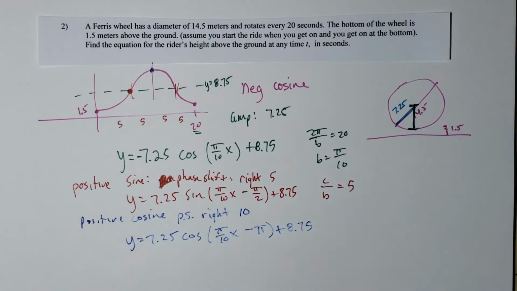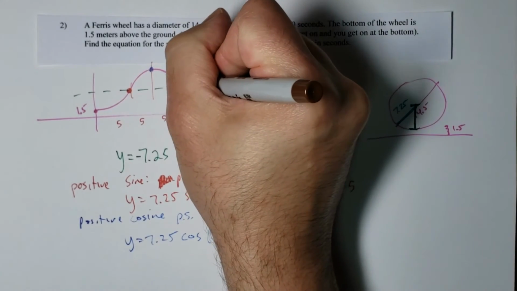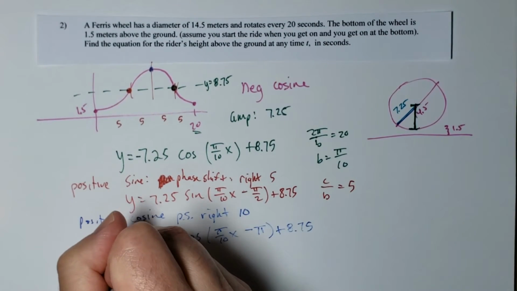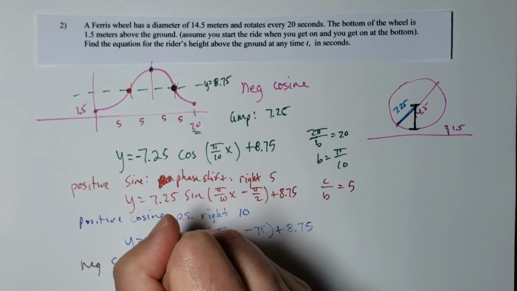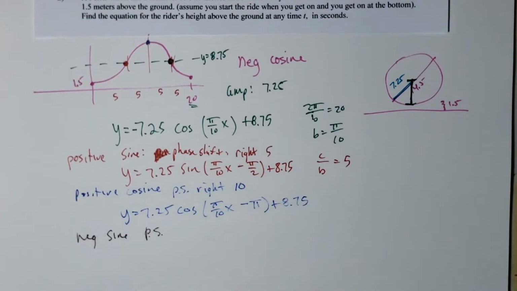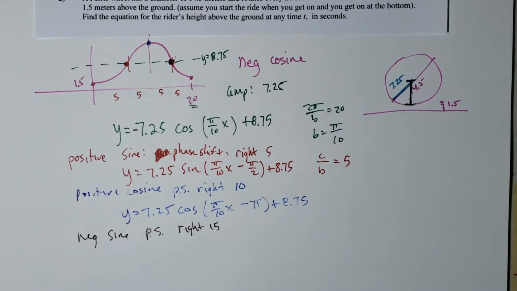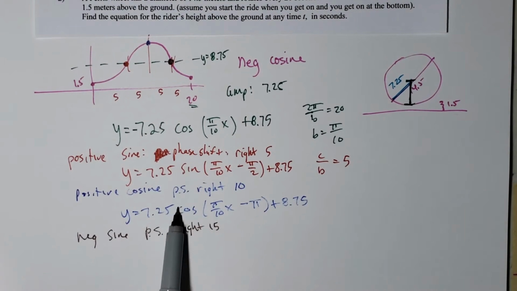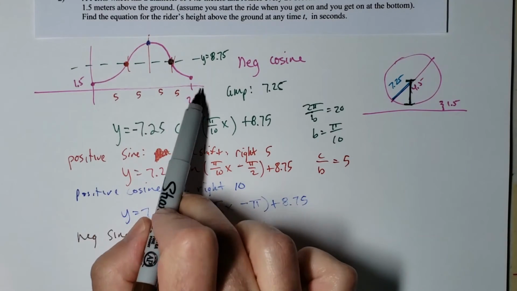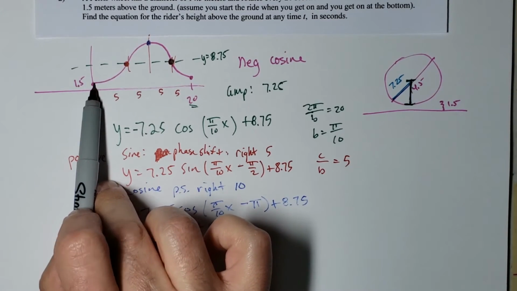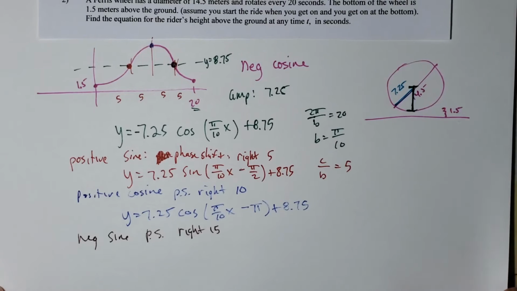And we could do this yet again with this lovely point here. We could do a negative sine with the phase shift of right 15, and so on. I'm not going to write that one out. But you can see that there are multiple answers for this based on where you start. Usually, if you can start with a 0 phase shift, though, that'll be the easiest.